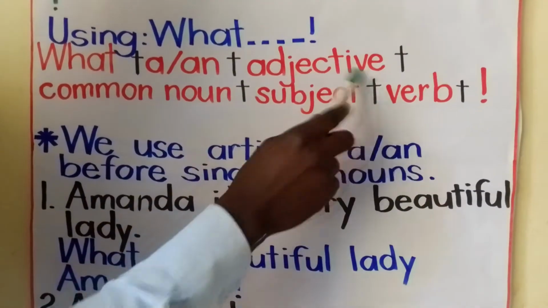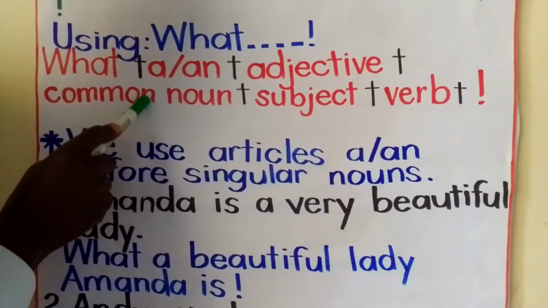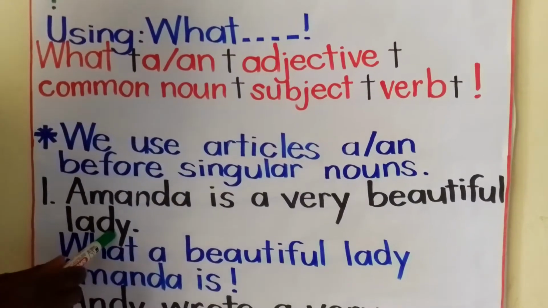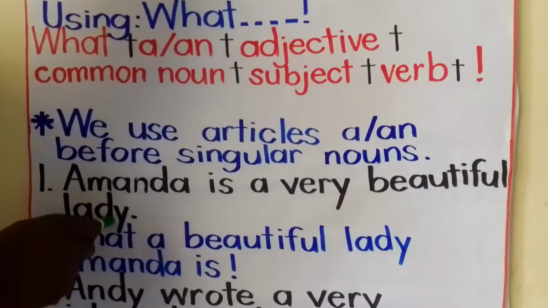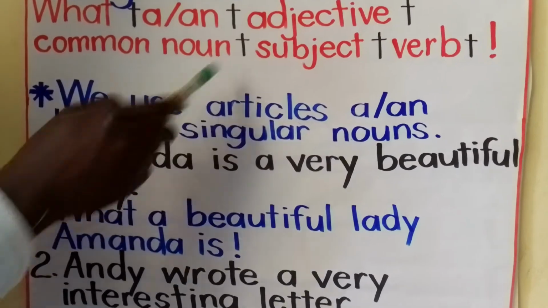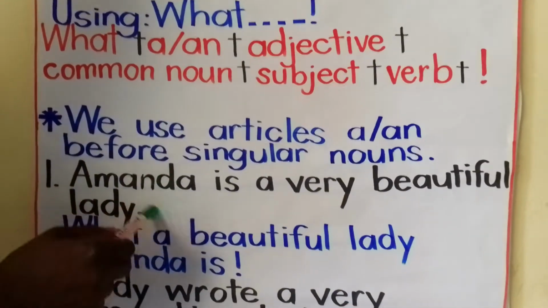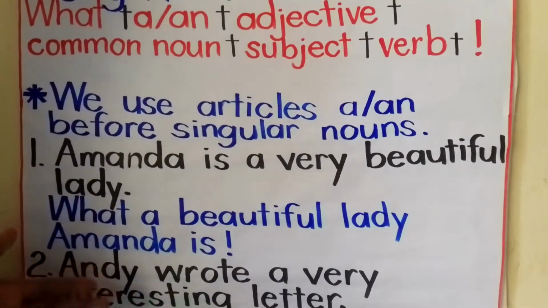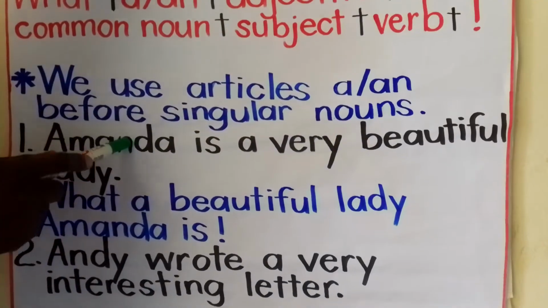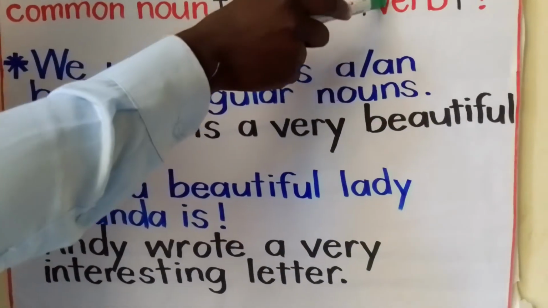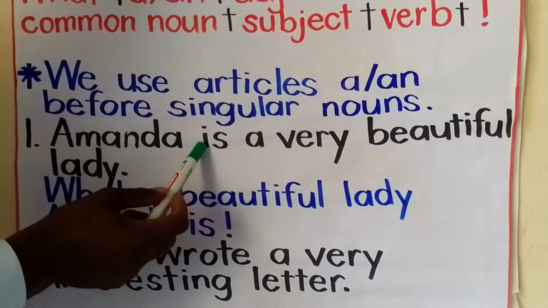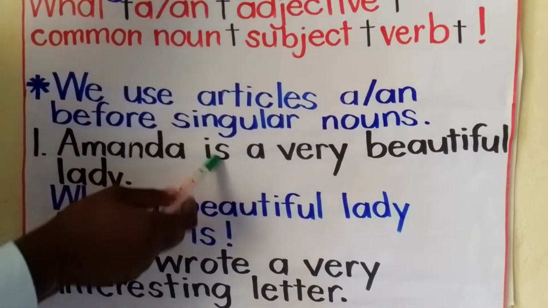Then the adjective is followed by a common noun, and the common noun is lady. Then the common noun is followed by the subject. The subject in this particular case, what the sentence is talking about, is Amanda. Then we put the verb, and in this particular case, we have been given a helping verb, is.